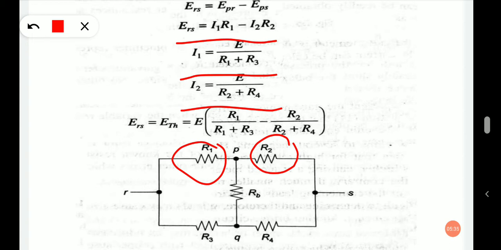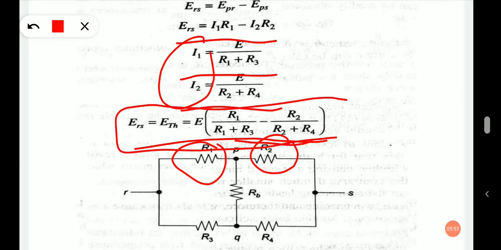So if we substitute the values of I1 and I2, we can write ERS equals E Thevenin, or ETH equals E in brackets R1 upon R1 plus R3 minus R2 upon R2 plus R4, and this equation represents the required Thevenin equivalent voltage.